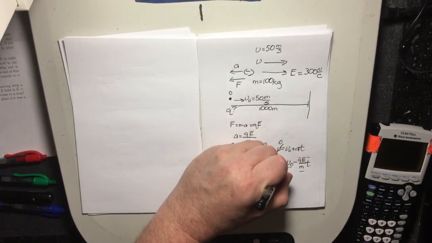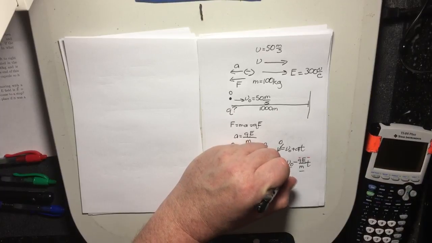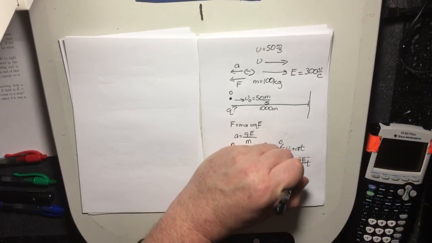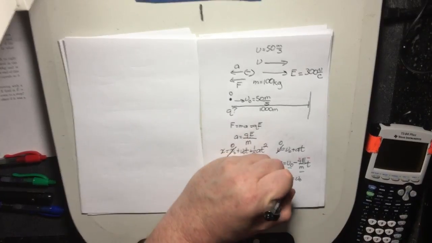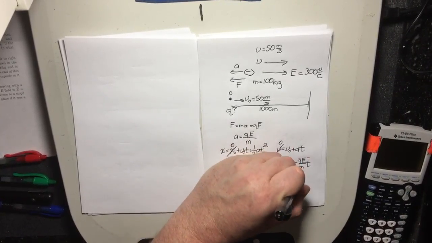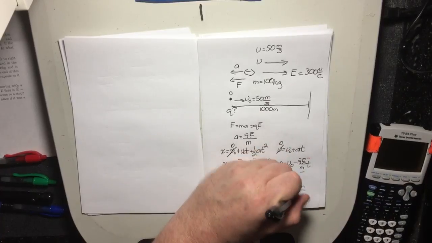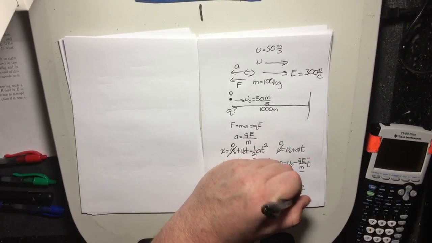To eliminate it, bring that over there, qE over m t is equal to v naught. So time is equal to v naught m over qE.